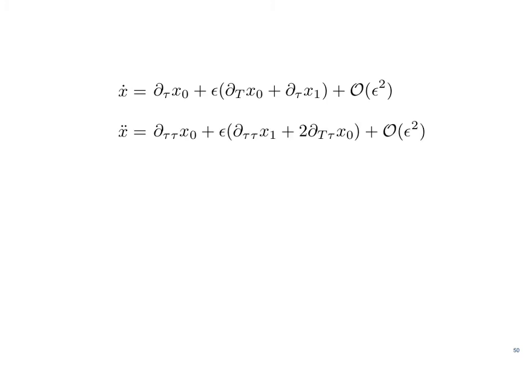So finally we have the main ingredients, which is how to express x dot and x dot dot in terms of x naught and x1, but also in terms of fast and slow times.